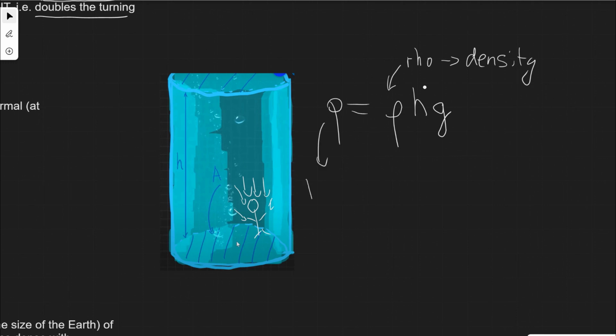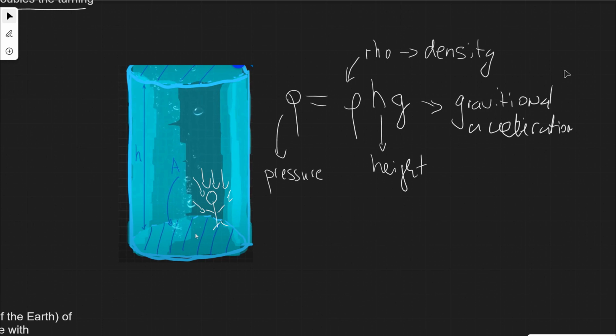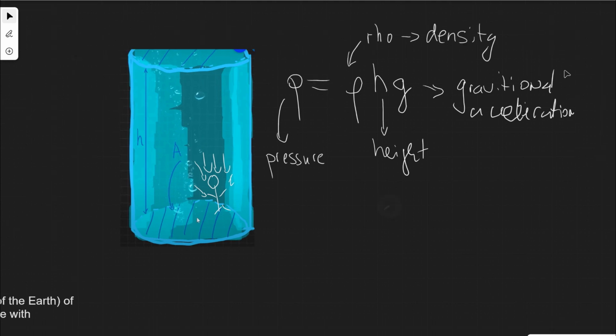Let me just annotate this. This here is the pressure, rho is the density, h is the height, and g is gravitational field strength or gravitational acceleration. So we can use that to calculate the pressure of a diver at a given height below a column of water.